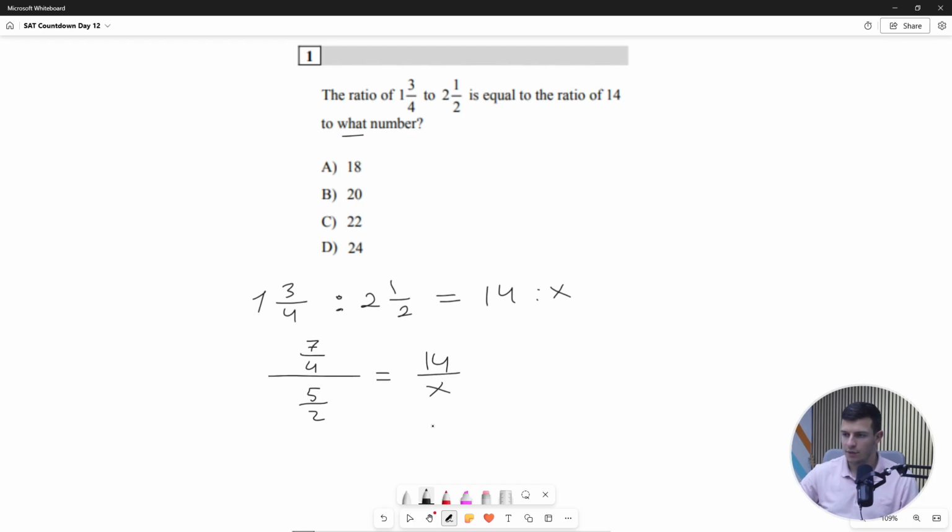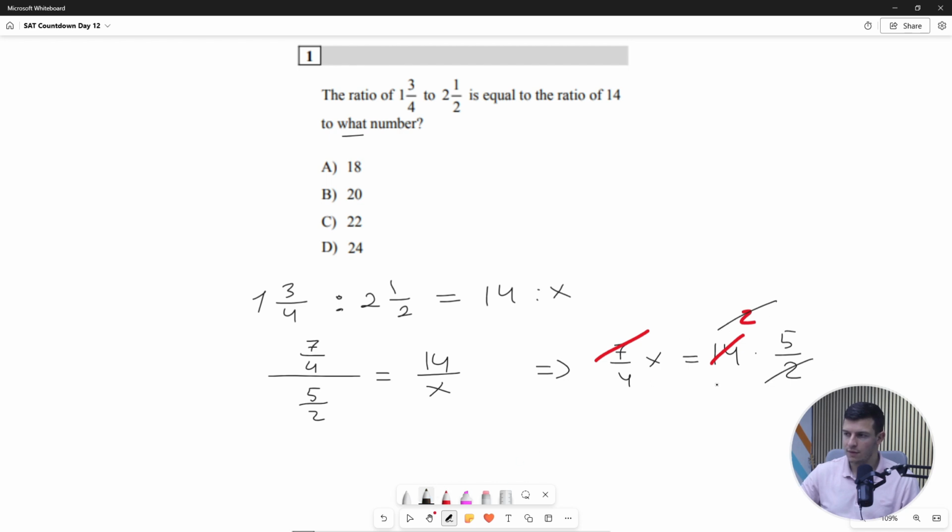Now I can cross multiply. It's going to become 7 over 4 times x, and 14 times 5 over 2. Now I can simplify it a bit further. So if I divide both sides by 7, these will go away. There will be 2 left, and this 2 can also be cancelled with this one.